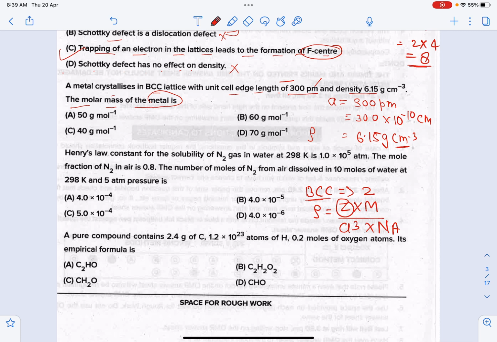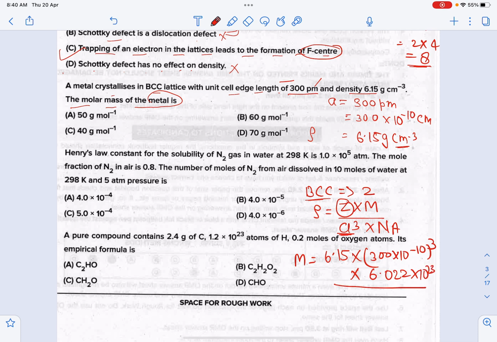Now put in the values: rho is 6.15, a cube is 300 into 10 to the power minus 10, cubed, multiplied by the Avogadro number 6.022 into 10 to the power 23, and divided by the total number of atoms in the BCC unit cell, which is 2.